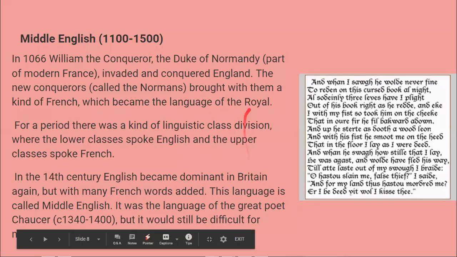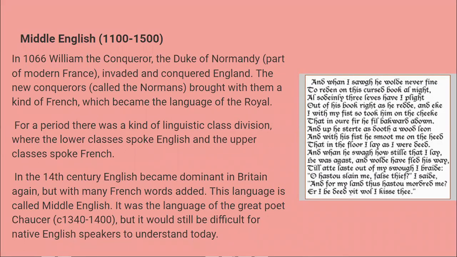During this time, most of the written things were in French or Latin. And one man, Geoffrey Chaucer, who was a poet and a writer, published his first work, the Canterbury Tales. The Canterbury Tales is also one of the first records of Middle English.